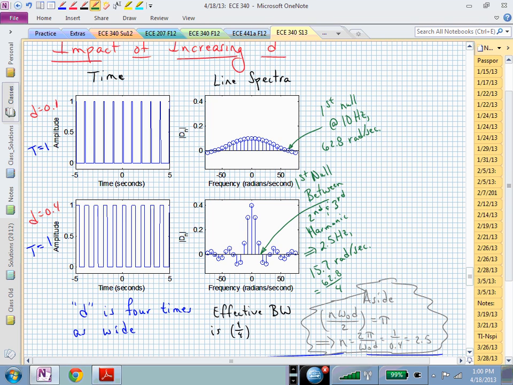Now, what's going to happen? The question was, what if we make this duty cycle become closer and closer to 1? If I made my duty cycle 1, what do I have? It's on all the time, isn't it? And what's a signal that's on all the time and it's constant? It's DC.